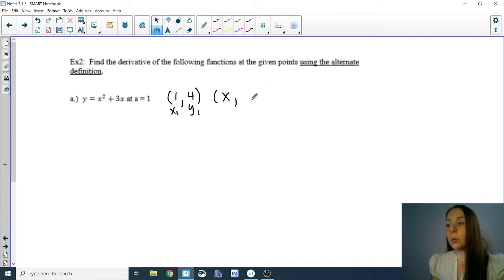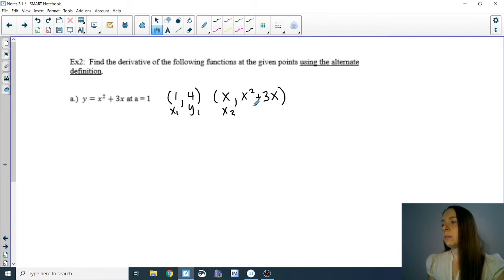The y coordinate is x squared plus 3x. Sorry, I said plus 3 and it's plus 3x, and then I wrote x cubed. All right, x squared plus 3x, that's the y coordinate. Okay, and you can label that x2, y2, if you like that.